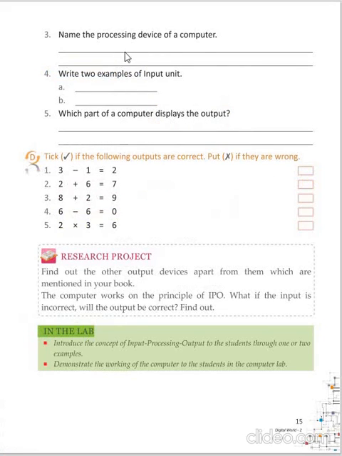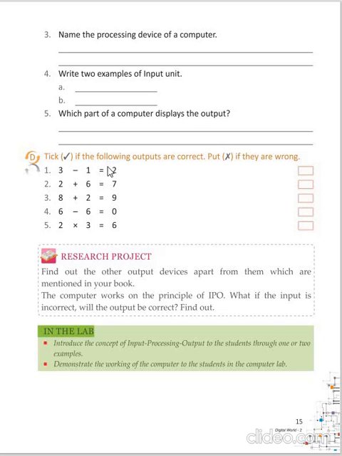Name the processing device of a computer. It is CPU. Write two examples of input unit. Scanner, mouse. Which part of a computer displays the output? Monitor.